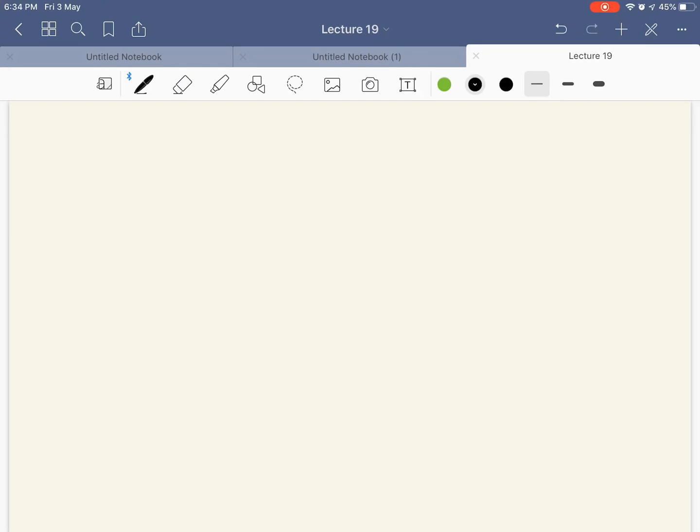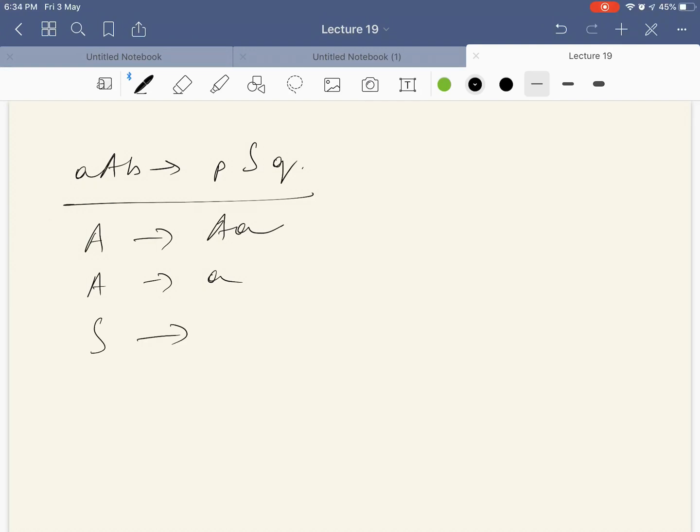Similarly, apart from regular and context free languages, there are some more languages. Suppose I can represent a production rule like this also, AAB to small p capital S small q. This type of production rule is also possible, apart from production rules like A to aA, or S to aSb, or lambda.